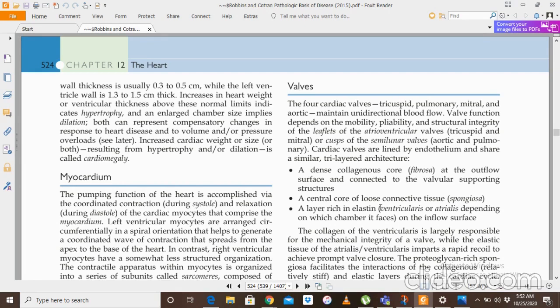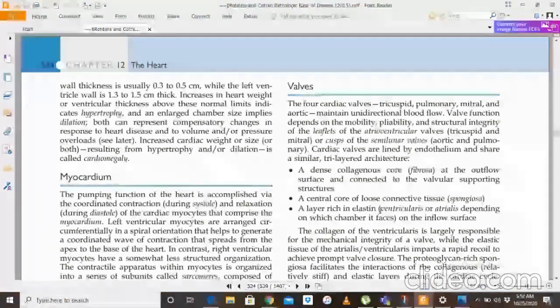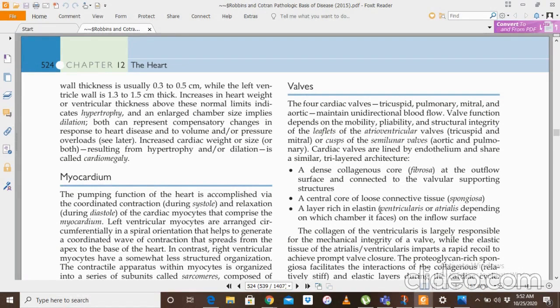An enlarged chamber implies dilation. There is a difference between dilation and hypertrophy. Hypertrophy means an increase in the thickness of the myocardium, while an increase in the size of the lumen is called dilation. Both can represent compensatory changes in response to heart disease and to volume or pressure overloads.